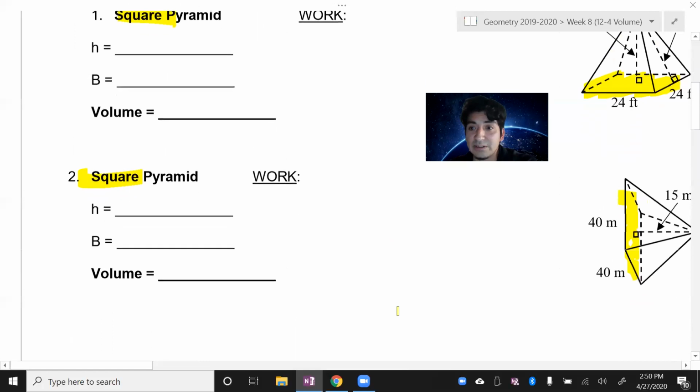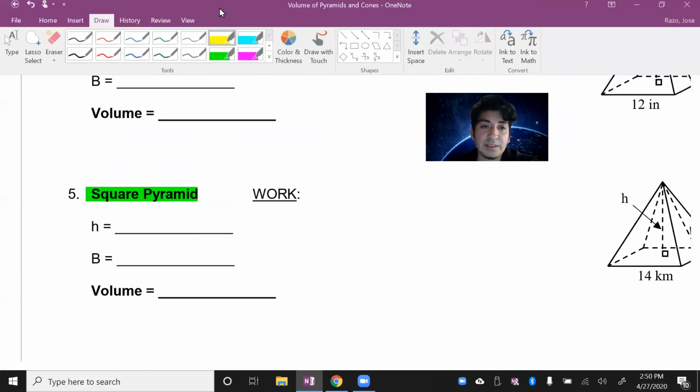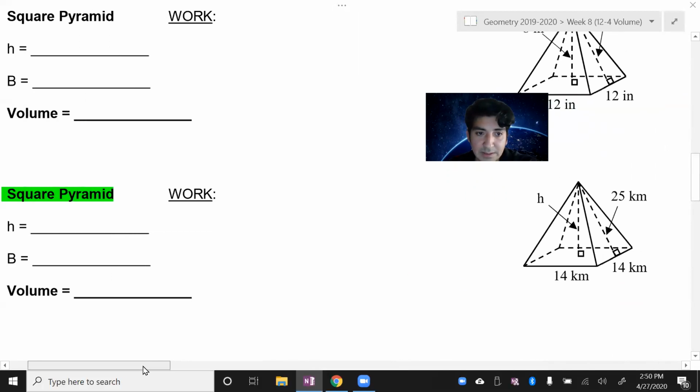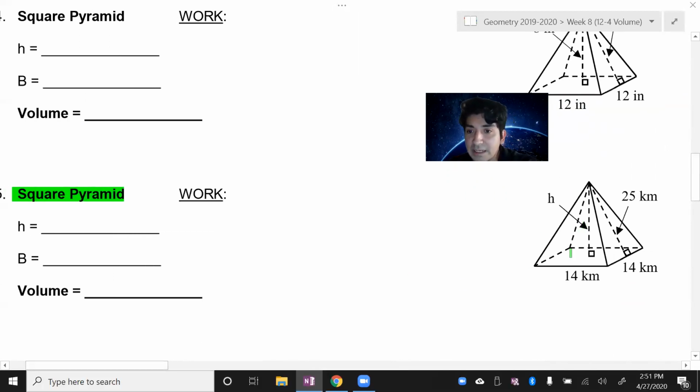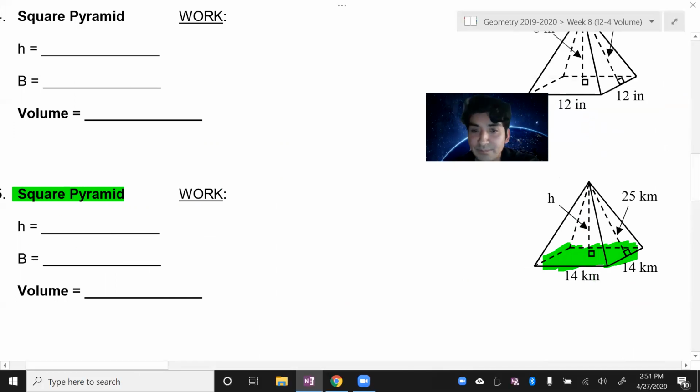You just have to be able to identify where the base starts. In this green one, the pyramid happens to be standing up, not laying down, just like the Moody Gardens ones. But we have to look for the base, and the height too.